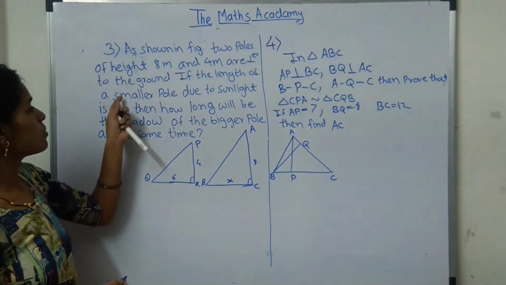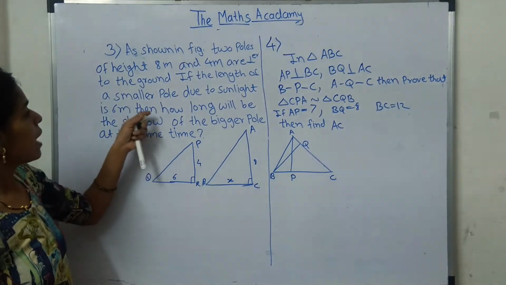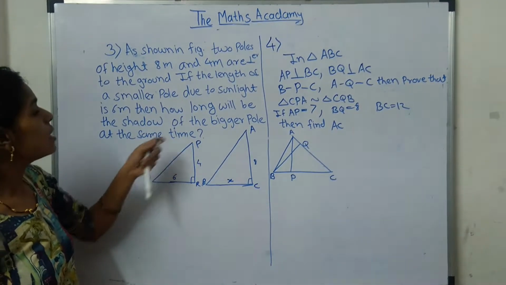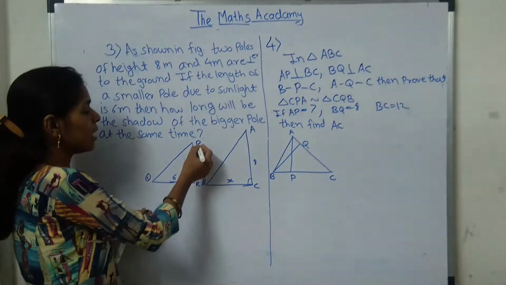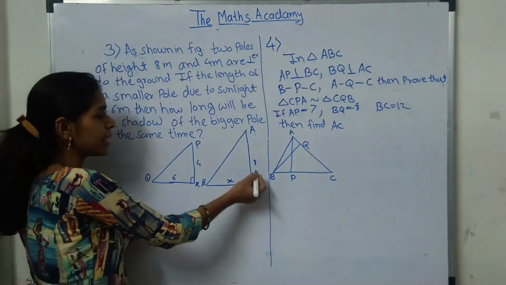If the length of the shadow of the smaller pole due to sunlight is 6 meter, then how long will be the shadow of the bigger pole at the same time? You have given the length of PR, smaller pole, is 4 meter and the length of the bigger pole is 8 meter.